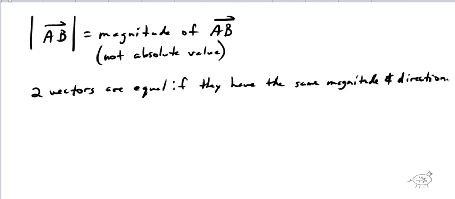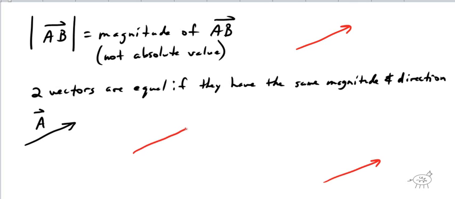So here's the deal. They don't have to be next to each other. Let's say this is a vector. We'll call this vector A. And I want to make a vector that is exactly the same as vector A. I can draw it anywhere. I can draw it up here, down here, over here. Anywhere in space, I can go 3D, as long as the vector is pointing the same direction and has the same magnitude, the same length of that arrow.